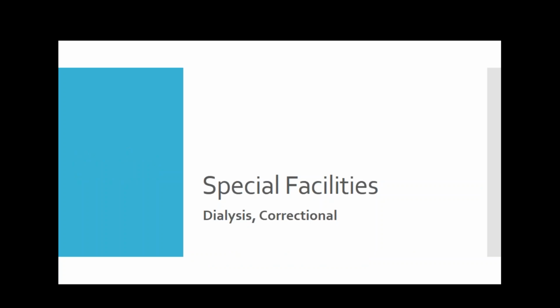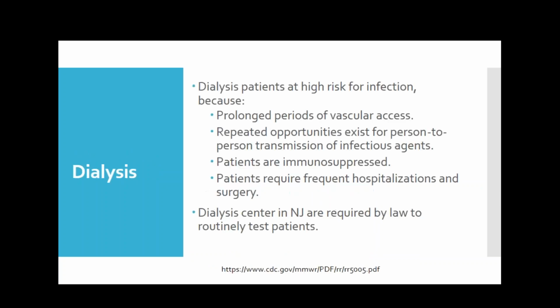All right, so we're nearing the end of our presentation. We're going to talk about special facilities, and these are dialysis and correctional facilities, which we do get quite a bit of. So first, let's talk about dialysis. Dialysis patients are at high risk for infection for a number of reasons.